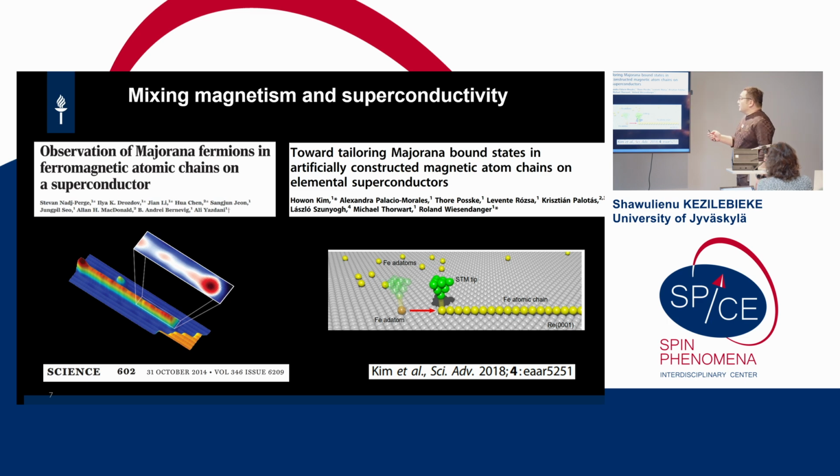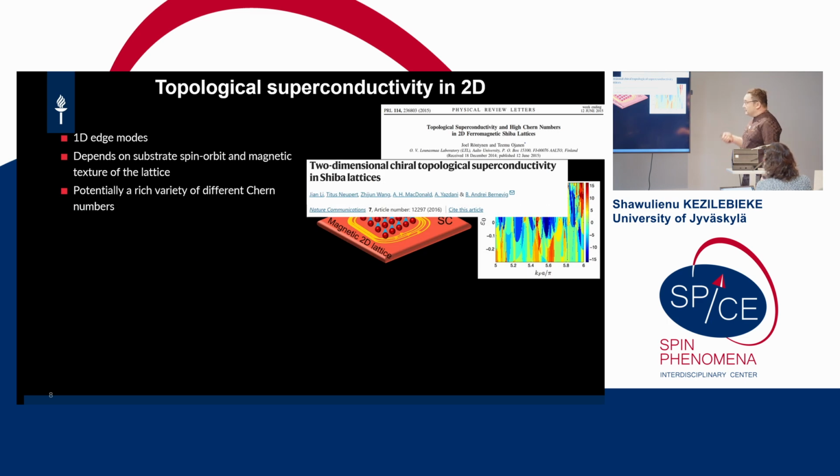Of course, these are one-dimensional systems, but it's also predicted this can be observed in two-dimensional systems if you have ferromagnetic lattices on superconductors. And over there, it might be even more interesting, with some very rich topological properties you can observe.